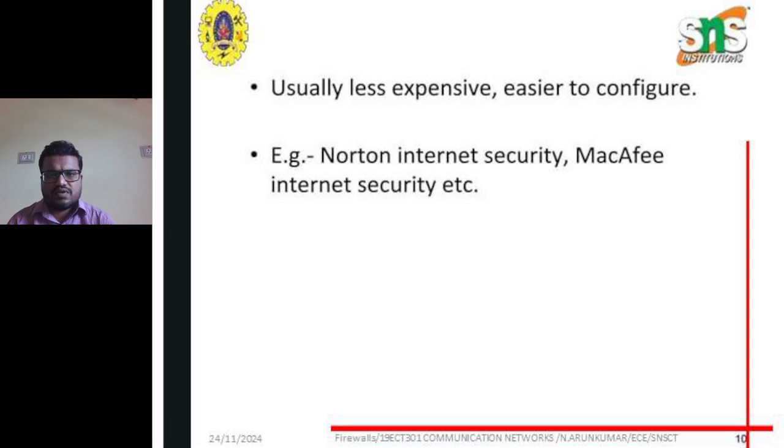Some security access is provided along with firewall access, such as Norton Internet Security and McAfee Internet Security. These two are inbuilt, and the firewall is activated while using this system.